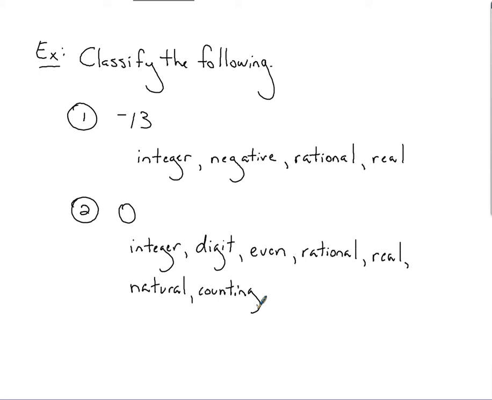Okay, one last one I want to throw in here just to make sure we got the idea. Hopefully we do, but just to make sure. What if I have 0.999 and we keep going with that? Or another way we'd write that, 0.9 repeating, right? Like that with a little hat. Is that an integer? No, it's not a whole number, it's a decimal. It's not a digit.